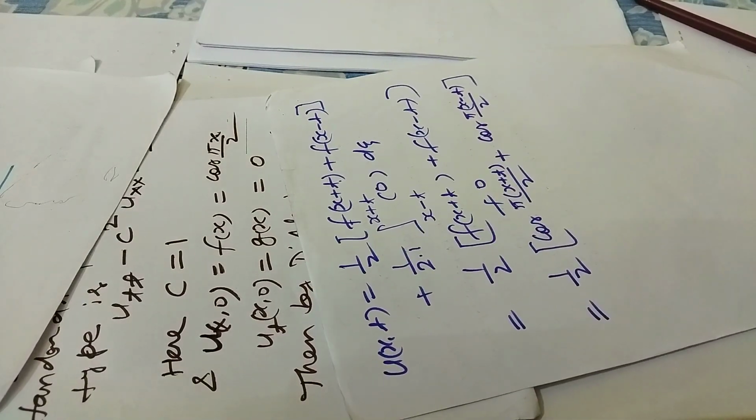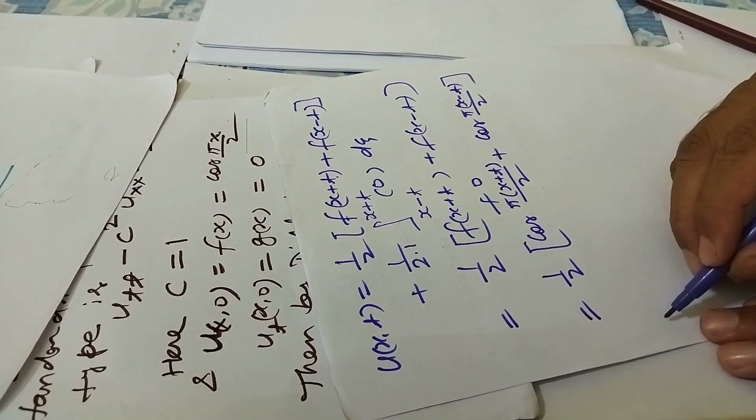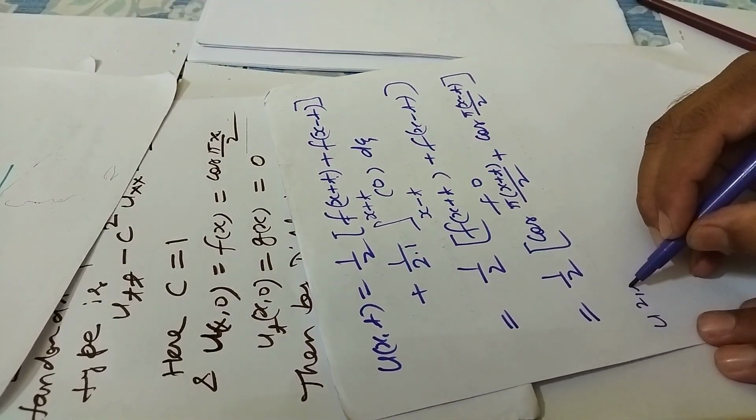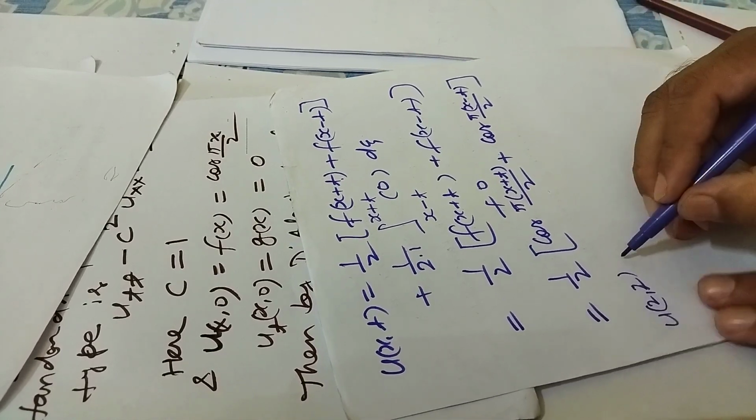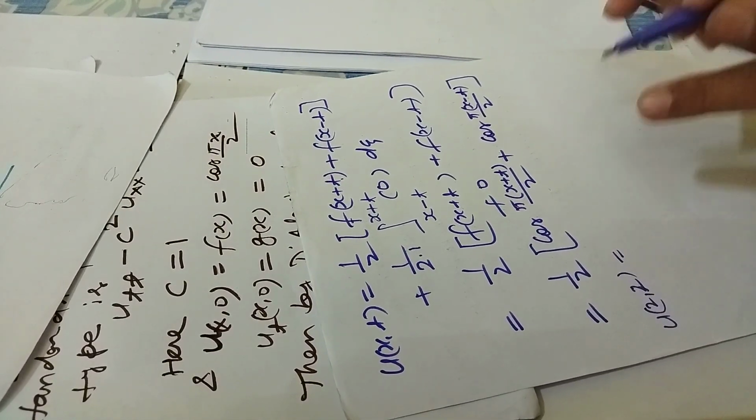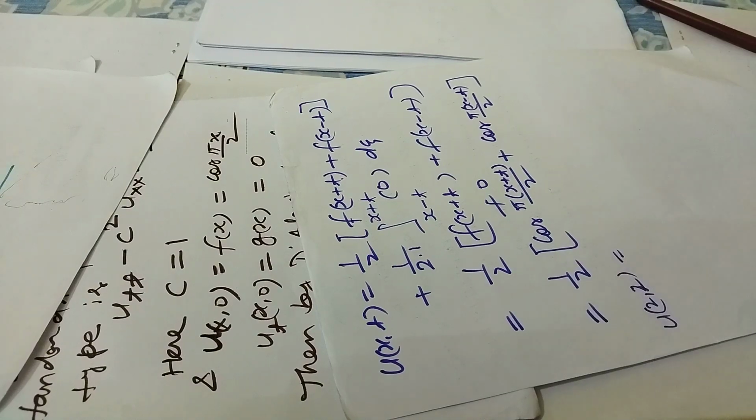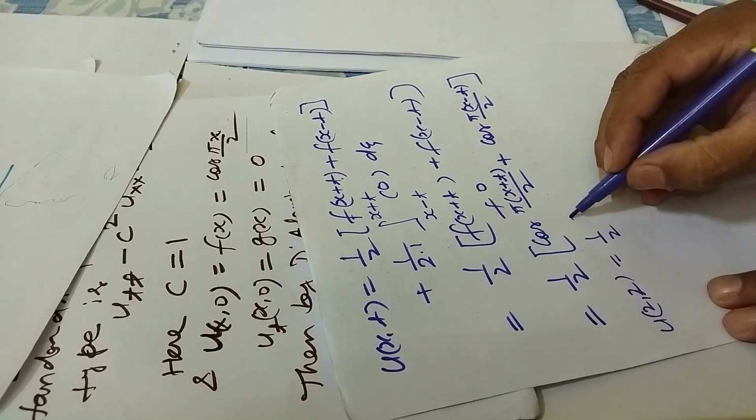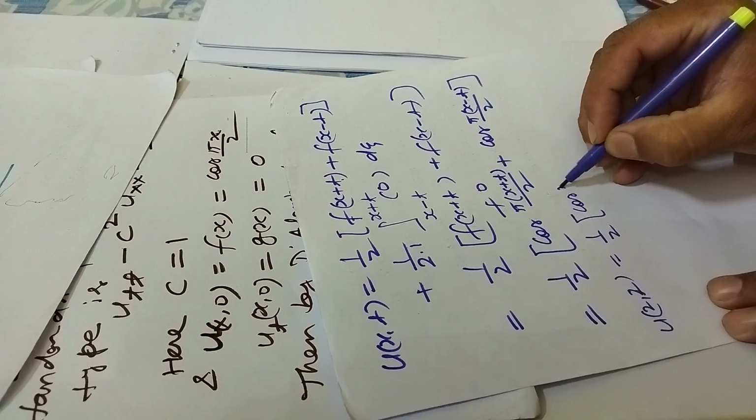Now, as per the question, we have to find u(2,2). Put in place of x 2 and in place of t also 2. So 1/2 [cos(π(2+2)/2) + cos(π(2-2)/2)].